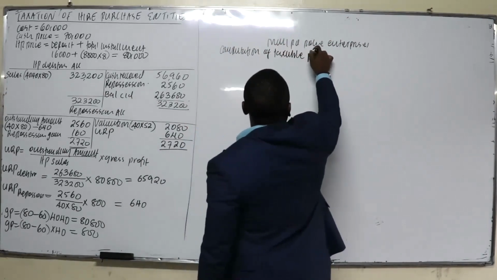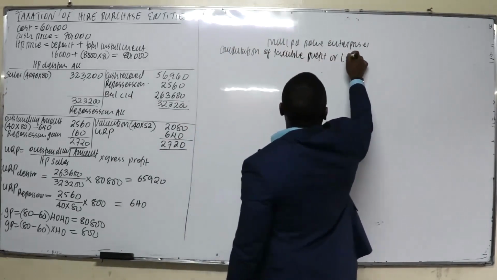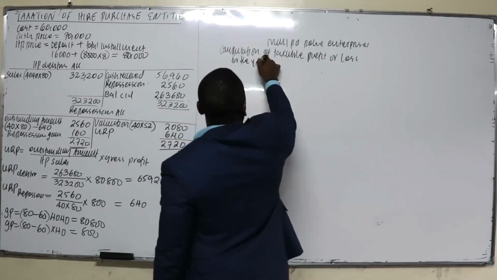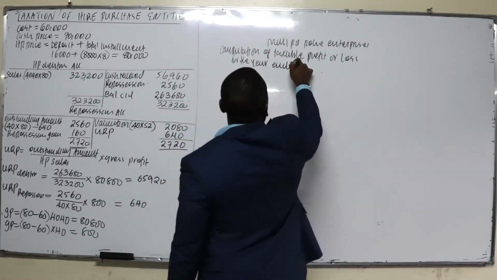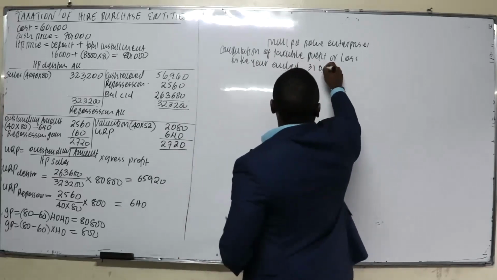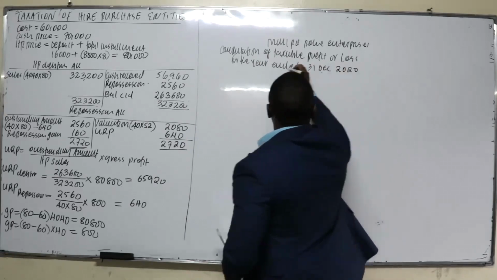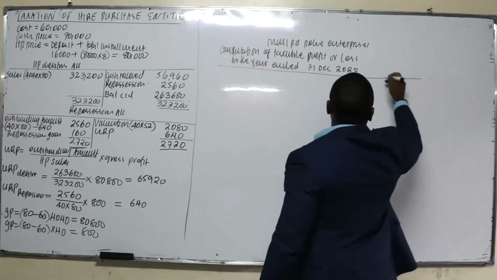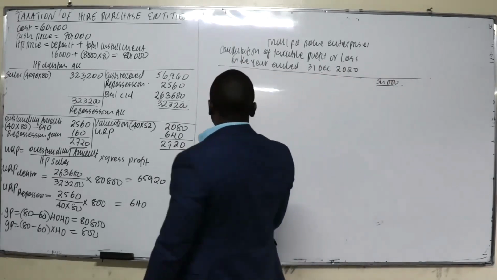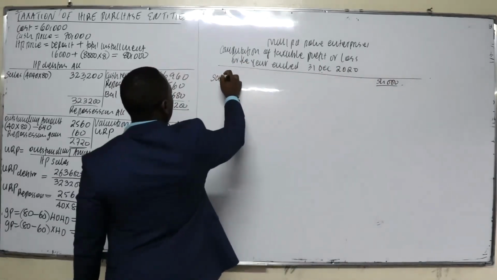Computation of taxable profit or loss for the year ended 31st of December 2020. And the shillings are in thousands. So we start with sales.